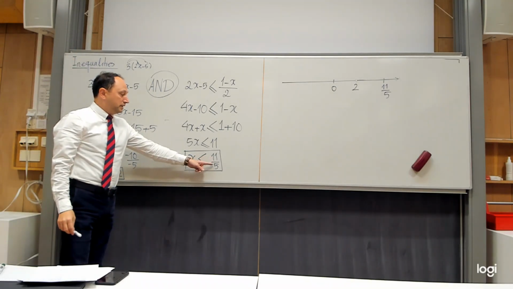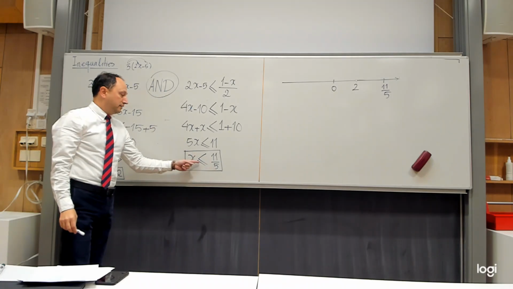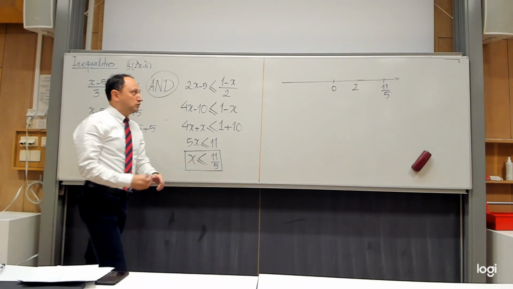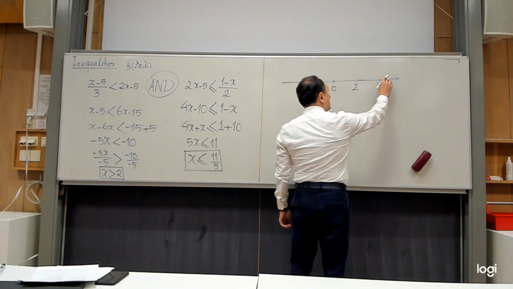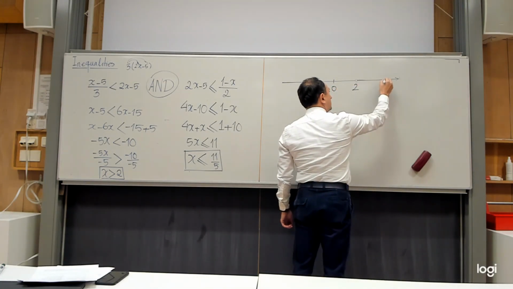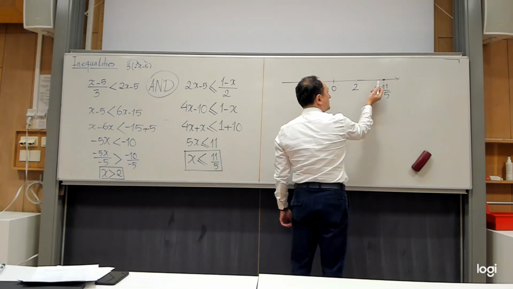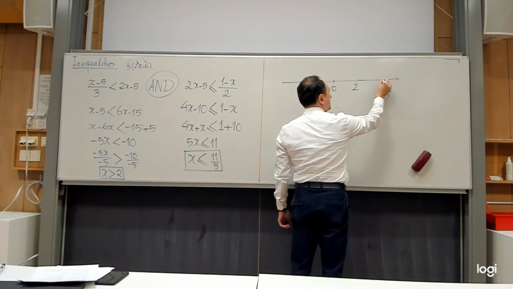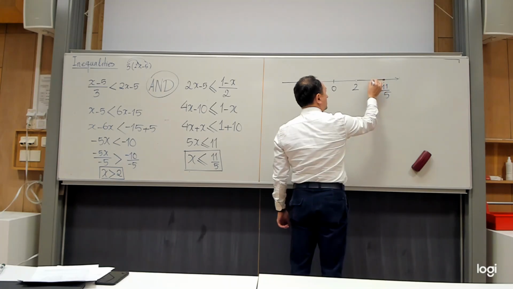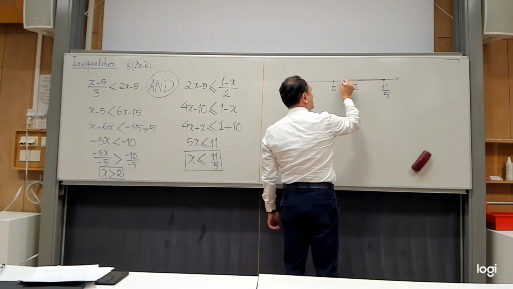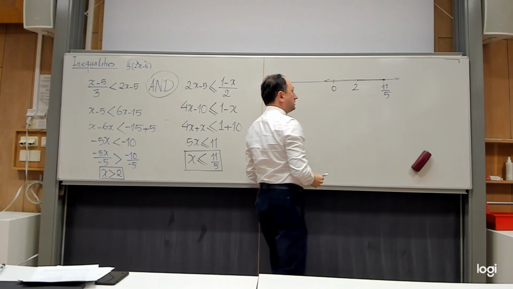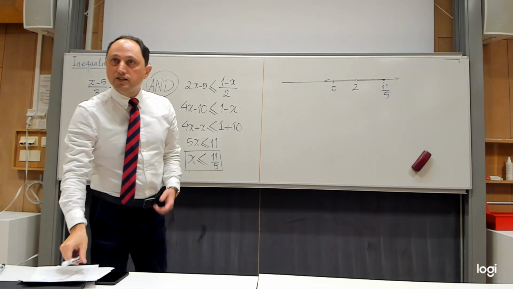I start from 11 over 5, but I go to the left. I can also include 11 over 5. So it means that I have a full circle here, filled circle, and then I go to the left, but because I don't want to destroy the green one, let me just draw it a little bit higher so that you can see that. Yes?